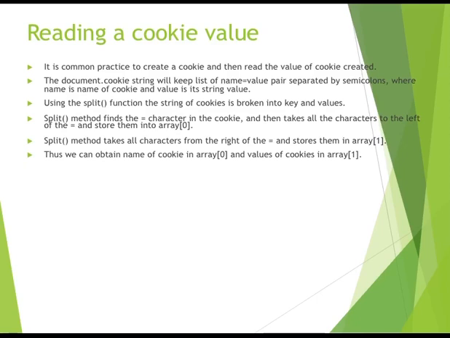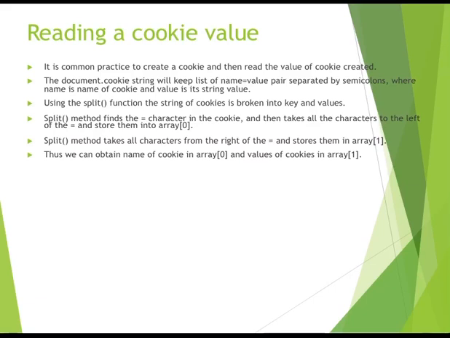I told you that the document.cookie string will keep the list of all the name-value pairs. It will store all the cookies that are created with their name and value pairs, name equals value, separated by semicolons.